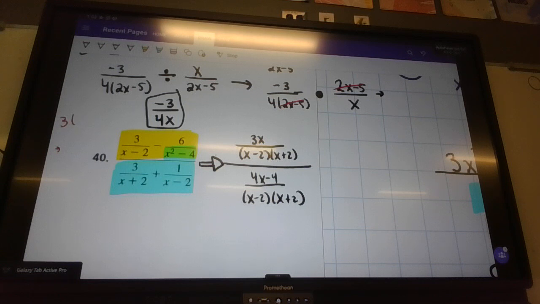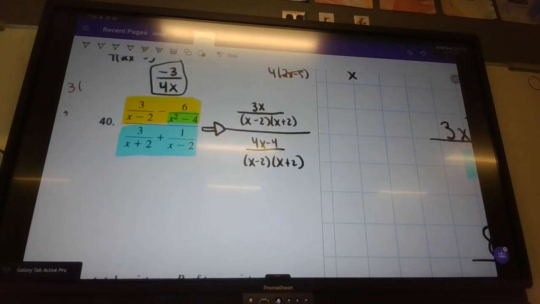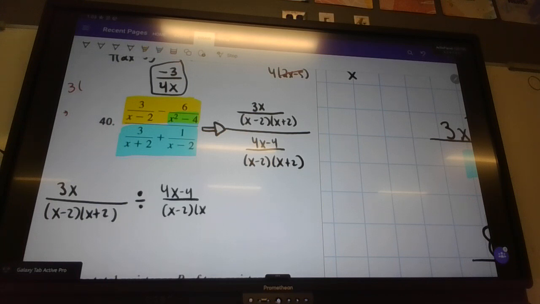Instead of it being stacked vertically, we're going to write it horizontally. And then we're going to multiply by the reciprocal, keep, change, flip.